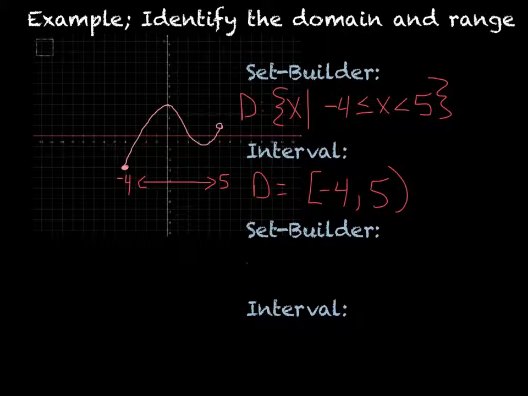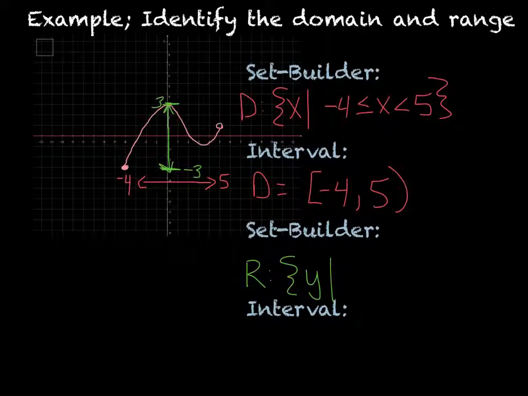Now, set builder notation for the range. The range is the set of all y's such that the top end y is 3, and it comes all the way down to the lowest point, which is negative 3.